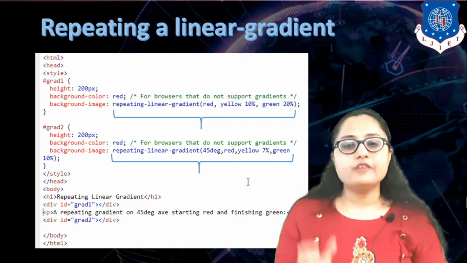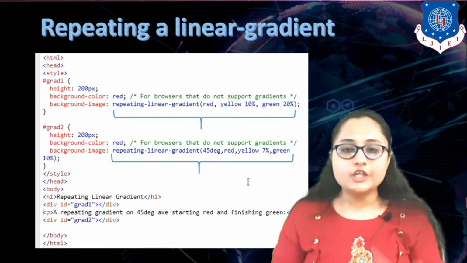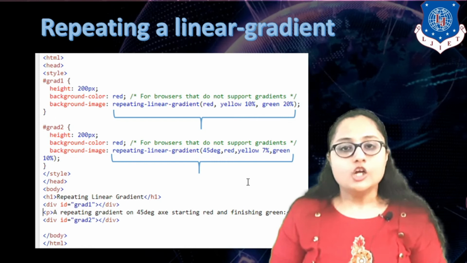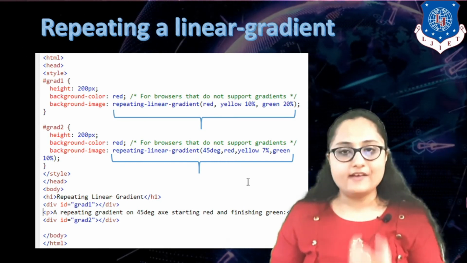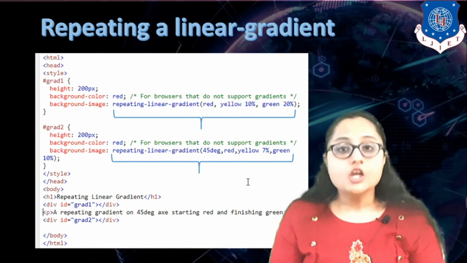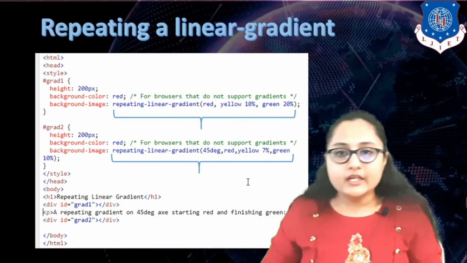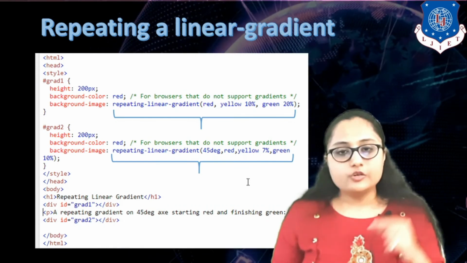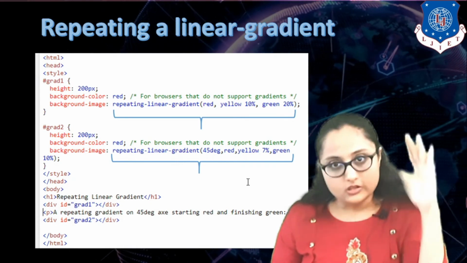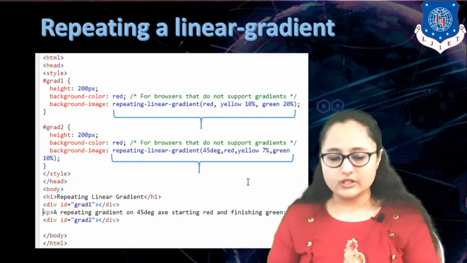So here if I want to apply repeating linear gradient in a particular angle, I have to specify the degree of that angle. In the first parameter I have specified 45deg. deg stands for degree. So I will have the linear gradient from red to green diagonally. It will start from the top left and gradually the colors will go to the bottom right, diagonally.